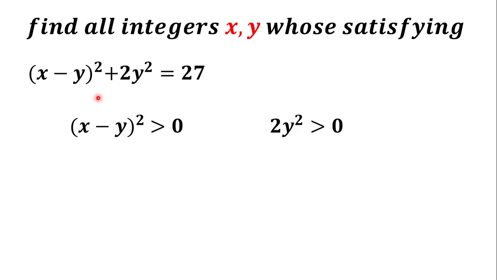Now we can guess answers. One of the possibilities is 9 and 18. (x - y)² is 9 and 2y² is 18.